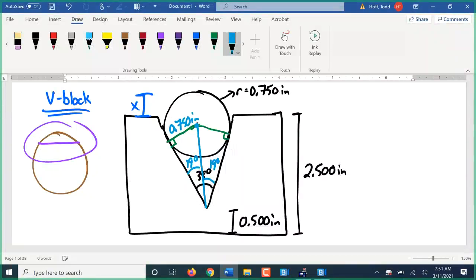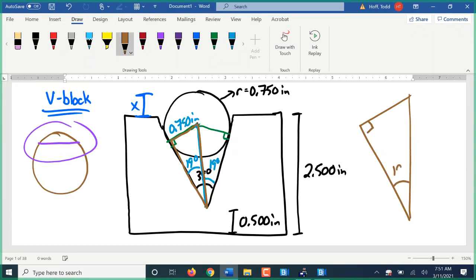So what we have is two right triangles there. I'm going to redraw this one off to the side so we've got a little bit more room to work with it. So there's our right angle. This is that 19 degrees, half of our 38 degree V. And this is 0.75 inches.